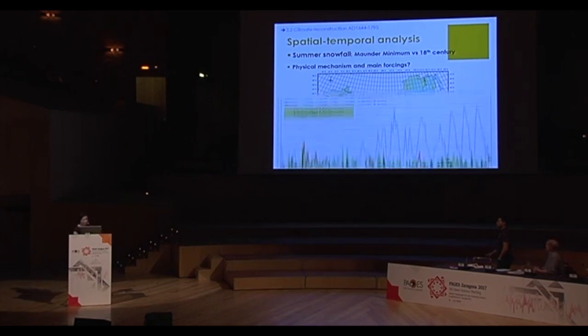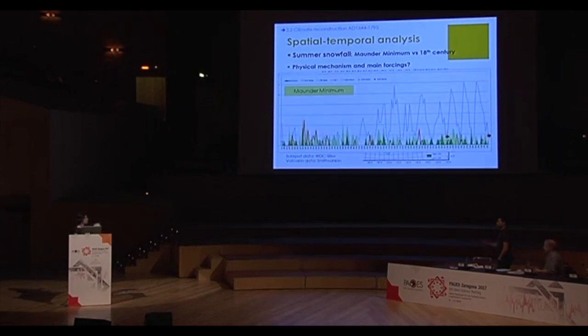Except this, you can also find the time reconstruction of the summer snowfall phenomena. And as you can see, you have more frequent summer snowfall corresponding to Maunder minimum. And we were very surprised to find that the occurrence of summer snowfall in the 18th century actually has very good correspondence with the solar cycles.